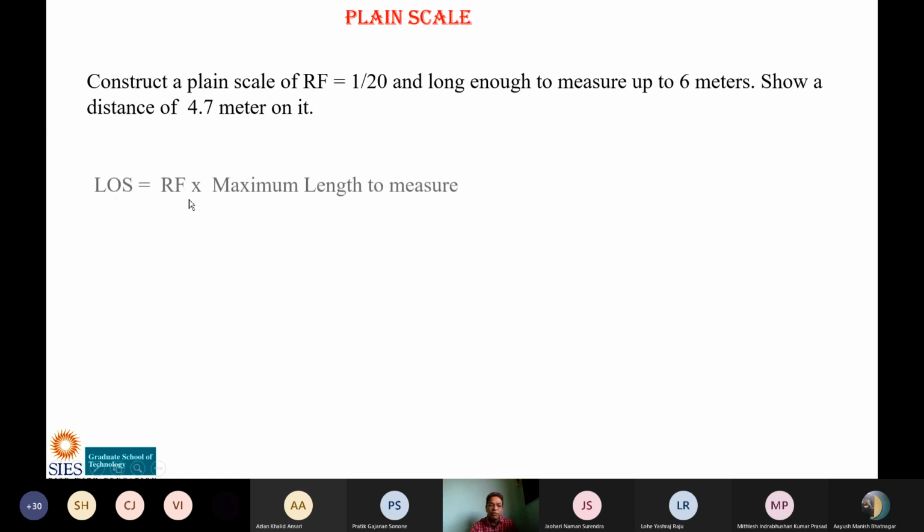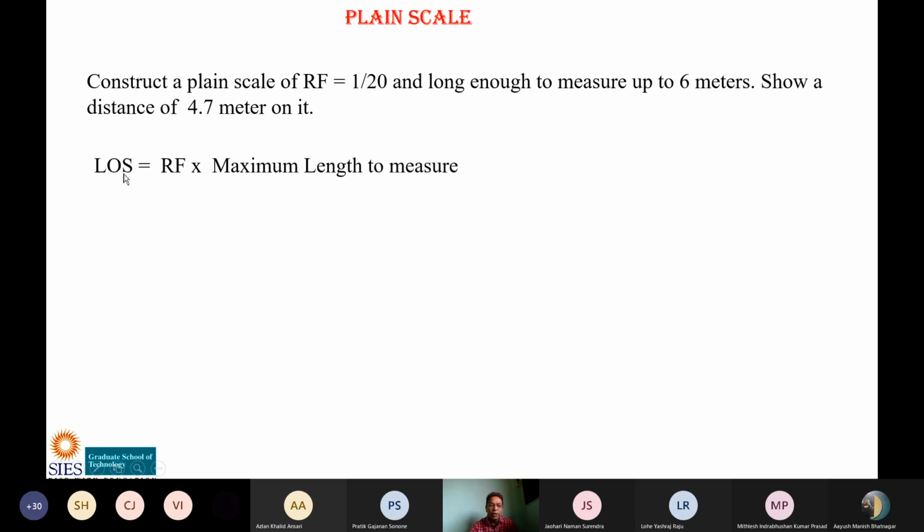That is given by this formula, length of scale, LOS. Length of scale means how long a line we will draw on the paper, and that is found by the formula RF into maximum length to be measured. RF is given as 1 by 20 and maximum length to be measured is 6 meter. So I will convert it into a convenient unit. Can we draw it in meter?